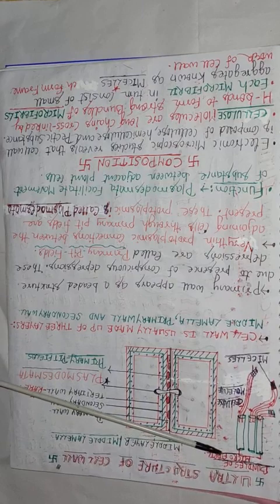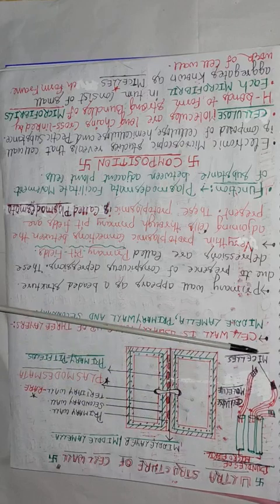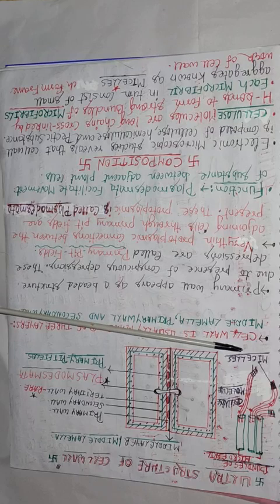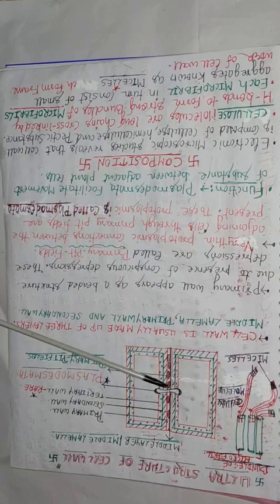Each microfibril in turn consists of aggregates known as micelles, which form the framework of the cell wall. I repeat, this forms the framework of the cell wall, isn't it, student?